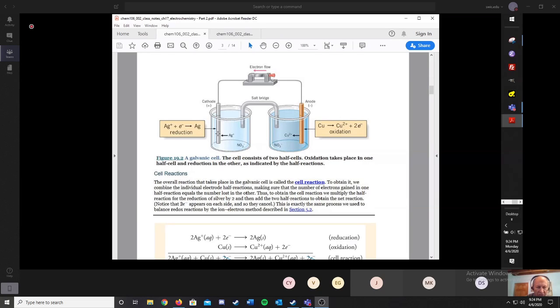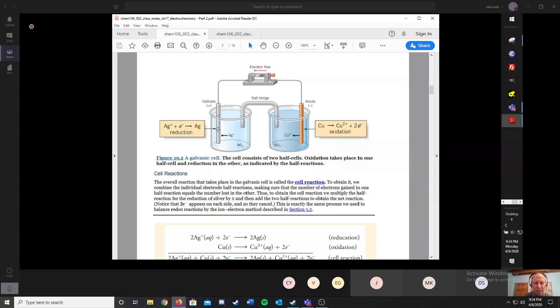In fact, it's sort of like a tug of war. If we envision somebody on the left named silver and someone on the right named copper, which one needs electrons more? The one in this case would be silver. Silver is extremely stable in solid form compared to copper, so silver is going to be the stronger one.